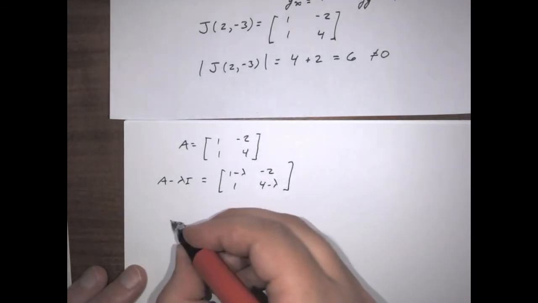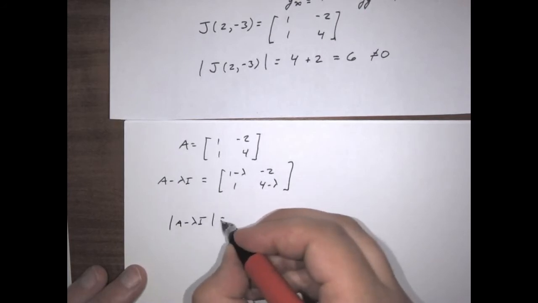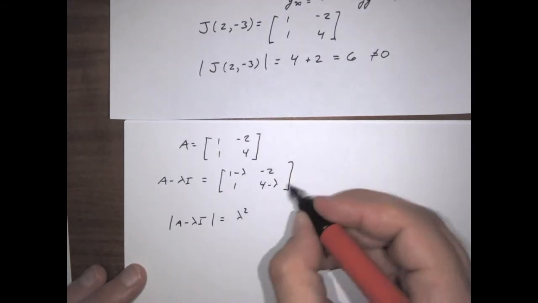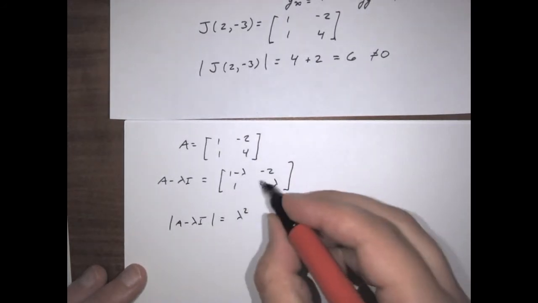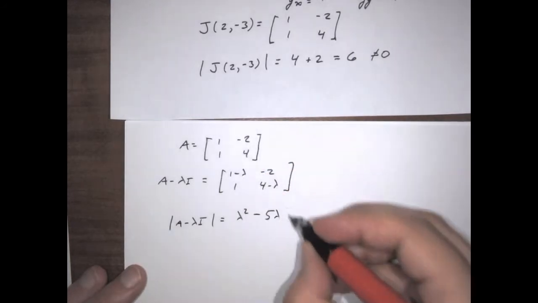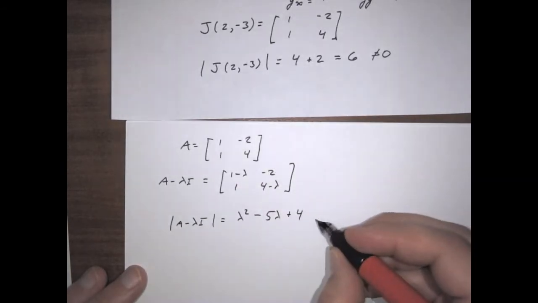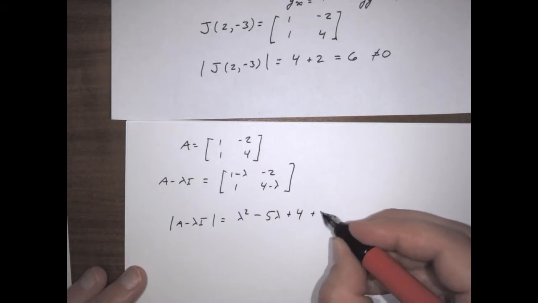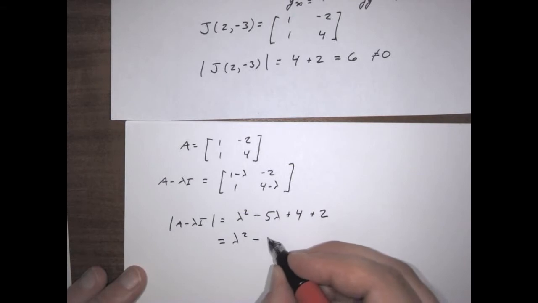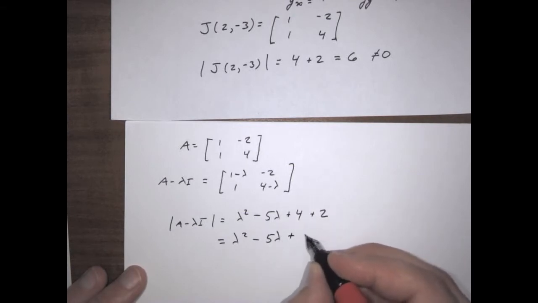And so then the determinant of A minus lambda I will be equal to, so it's going to be a lambda squared, it's going to be negative 4 minus 1 lambda is going to be total minus 5 lambda. 4 times 1 is going to be plus 4, minus negative 2 is going to be plus 2, lambda squared, minus 5 lambda, plus 6.